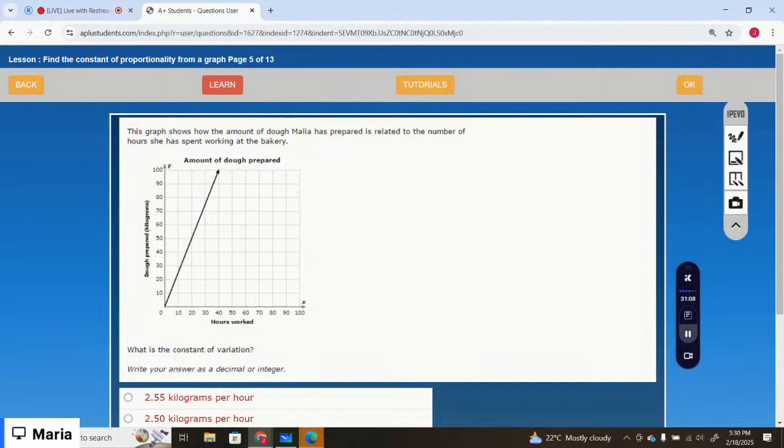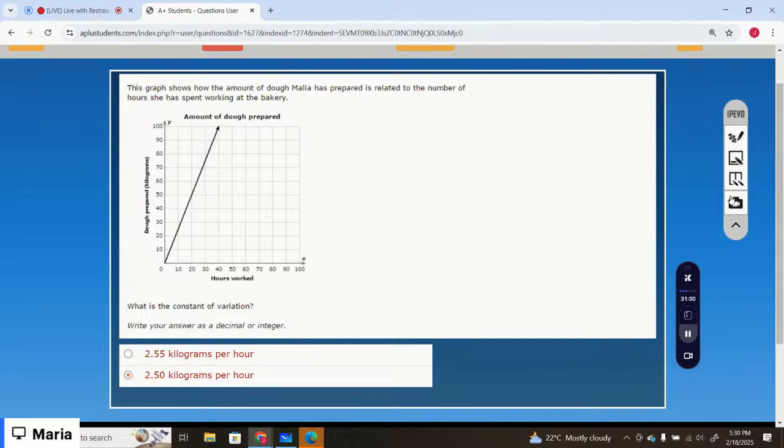This graph shows how the amount of dough Malia has prepared is related to the number of hours she has spent working at the bakery. That is 2.5 kilograms per hour.